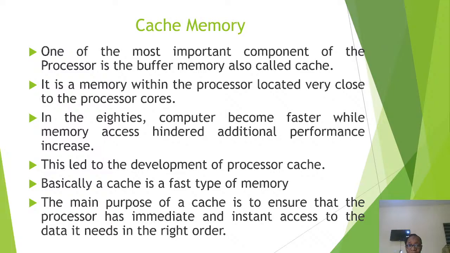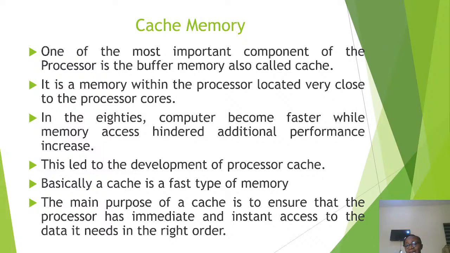One of the most important components of the processor is the buffer memory, also called cache. It's a memory within the processor located very close to the processor core. What is the essence? In the 80s, computers became faster while memory access hindered additional performance increase.